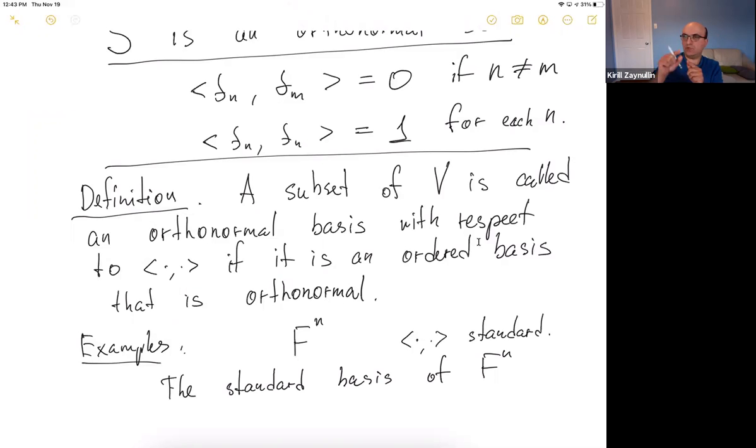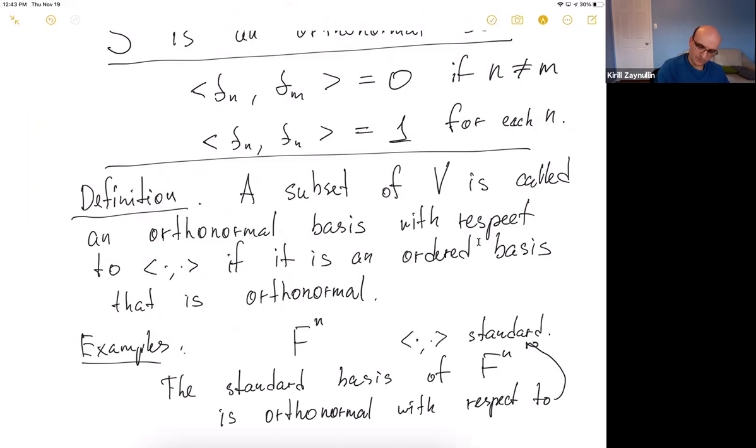You just put 1 at the position i. This standard basis is orthonormal with respect to this standard inner product.